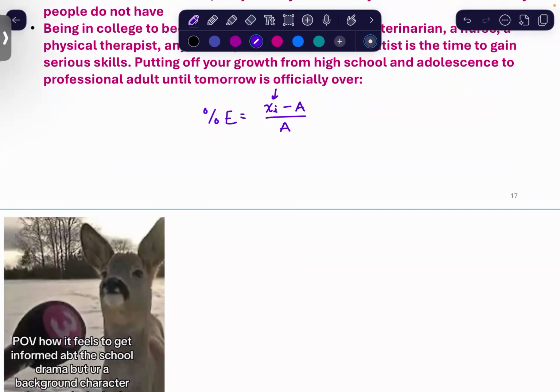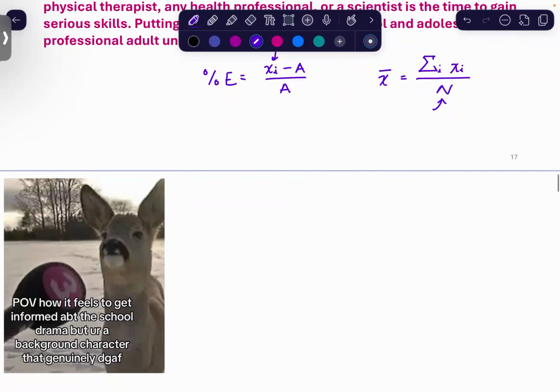So you remember that, let's say your mean value for each one of your data points is going to be that. Now, I could do this percent error all the way up to n times. Or I can just say, well, my mean value, same kind of expression.